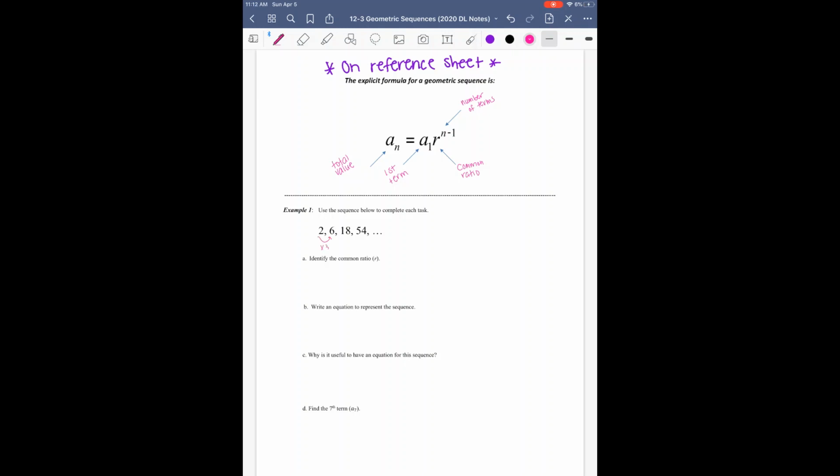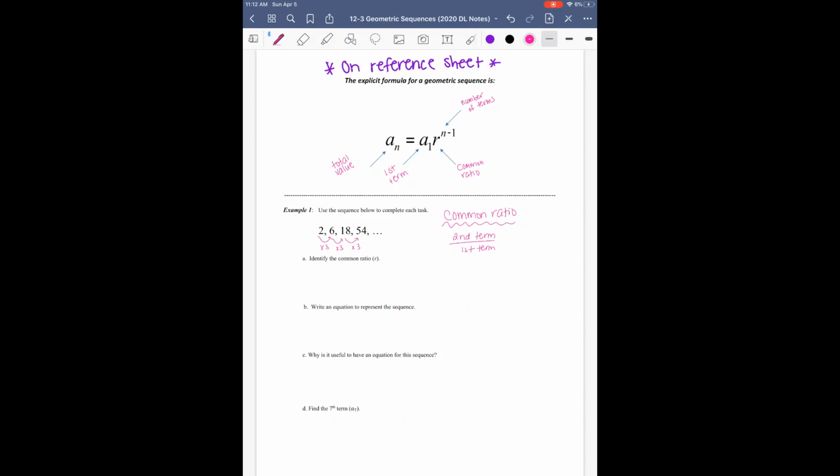If you're having a hard time figuring out your common ratio or how you multiply each term to get to the next, there is a little bit of a shortcut method to help you. So for your common ratio, you can divide your second term by your first term. And you can do that for each continued term.